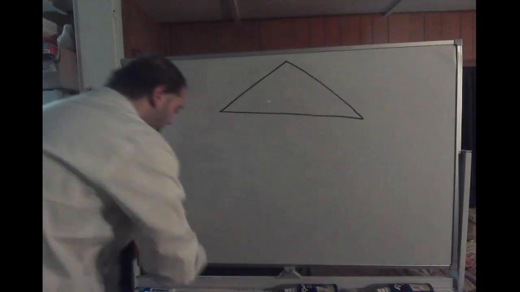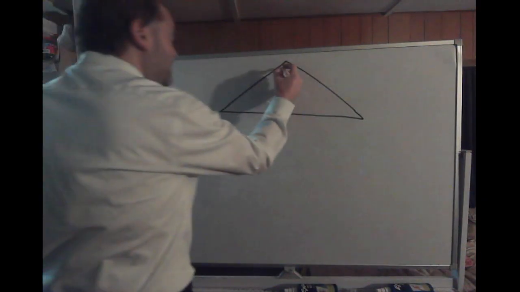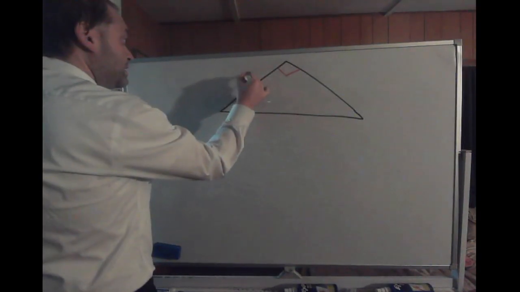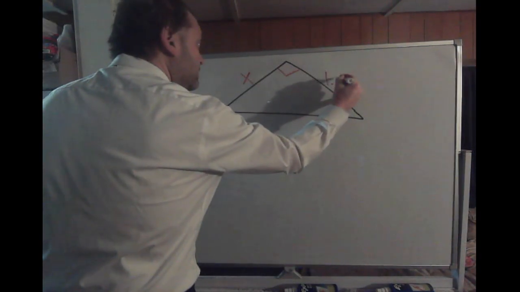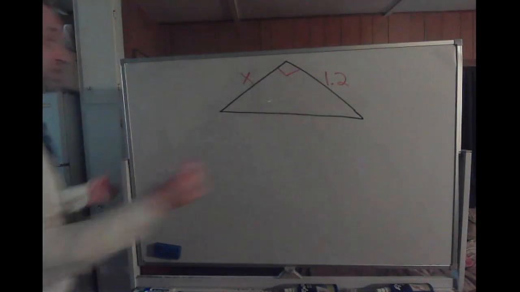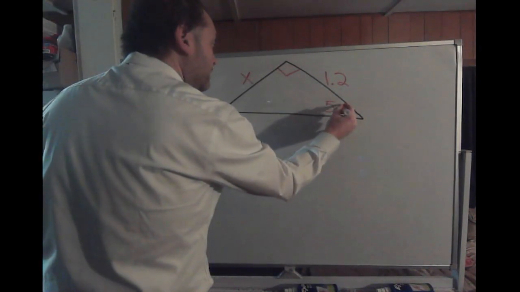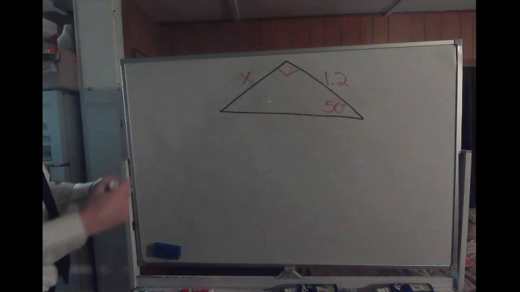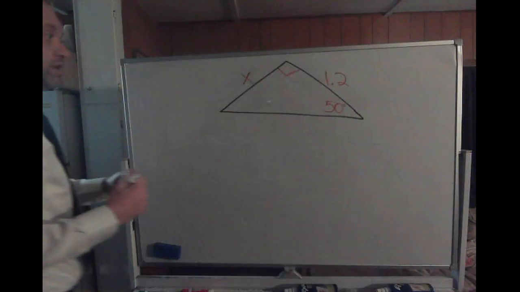Let's see here. Here's the right angle for this triangle. This is a 50-degree angle here. Okay. So once again, we want to find the value of x using only the tangent ratio.